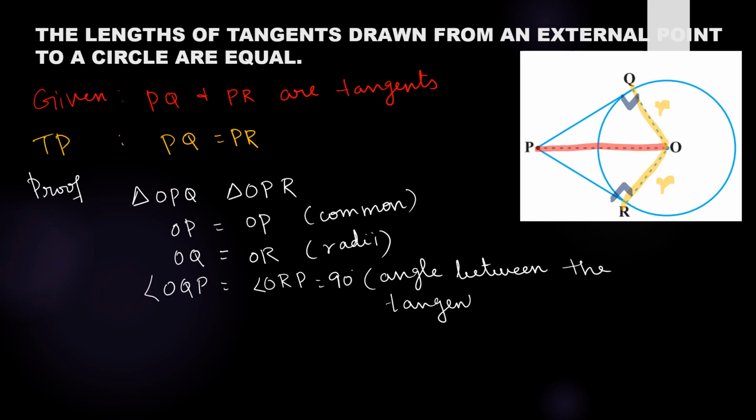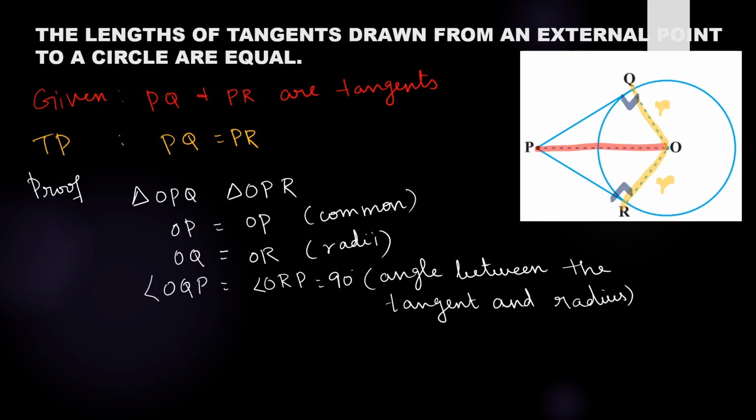Now by what congruence are these two triangles congruent? Right angle, hypotenuse, side.